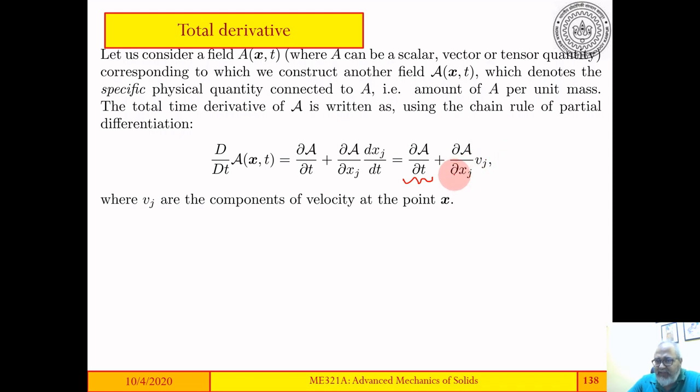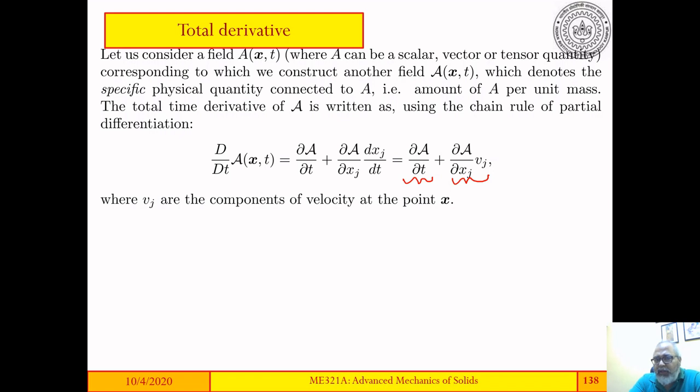Whereas if you take a snapshot of the body, then this term describes how A is being carried away from that point outwards along with its velocity at that point, how A is flowing out of the point in the direction of its velocity.